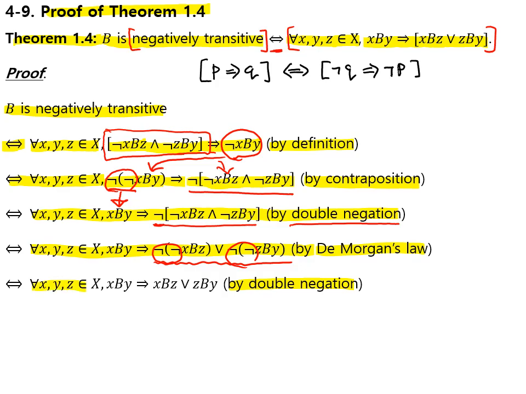That is, for all x, y, and z, xBy implies xBz or zBy. What this means intuitively is that if a binary relation is negatively transitive, then if any two elements are related to each other, any third element has to be related either to the first element, or the third element has to be related to the second element.